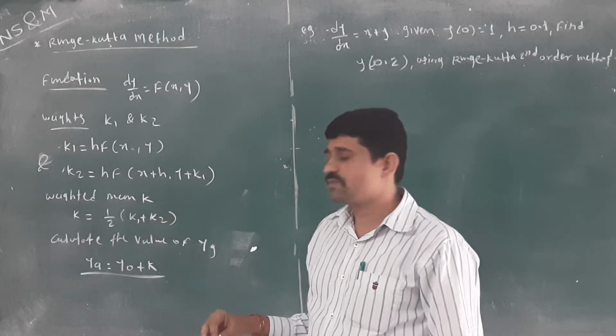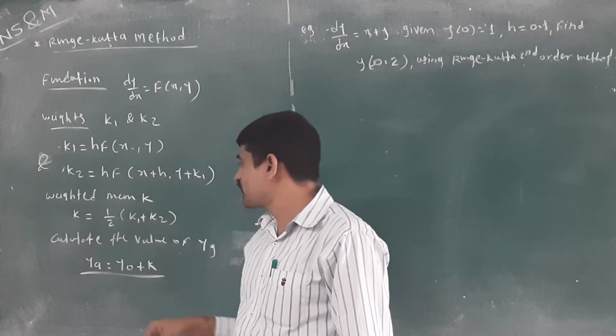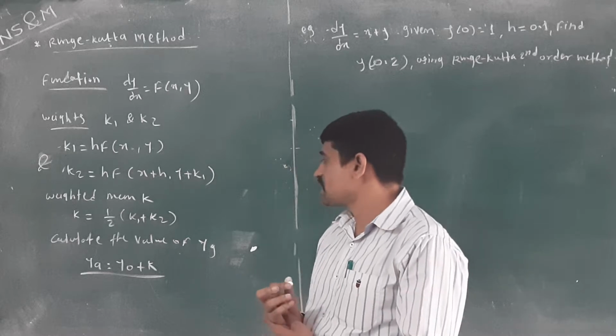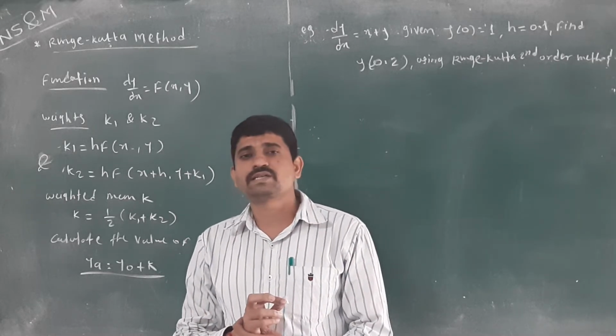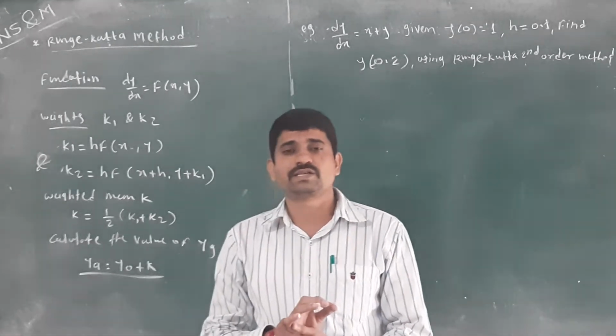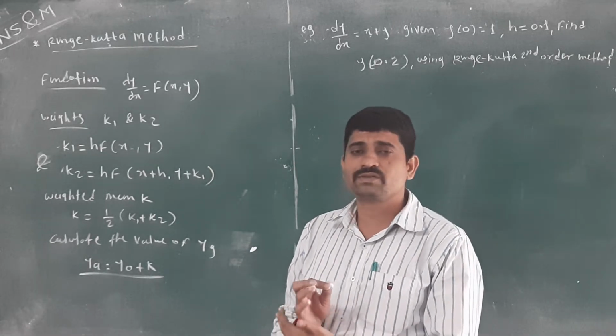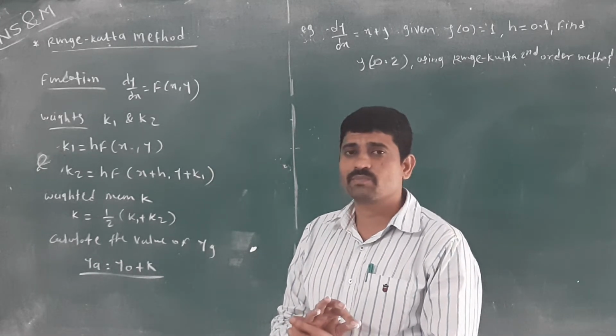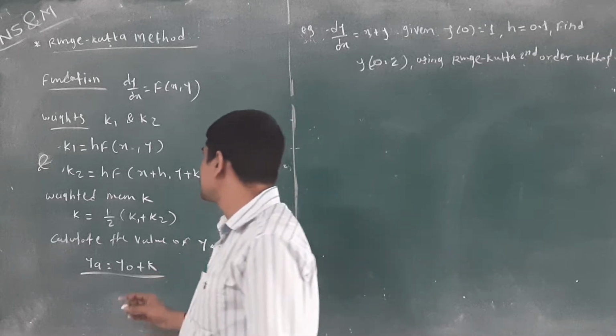After that, once you have calculated the value of k, you can easily calculate the value of y at the given x. The x value is given in your problem statement, and you have to calculate y.